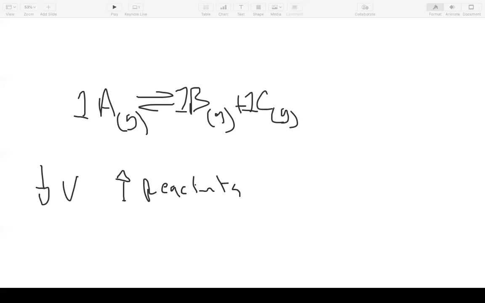And all of these are supposed to say G in them, by the way. So here we have 1 gaseous mole. And here we have 1 plus 1 from B and C, so we have 2 gaseous moles. And we know according to the rules, we're going to shift to the side with the least amount. So 1 is less than 2, so we would go to the left.